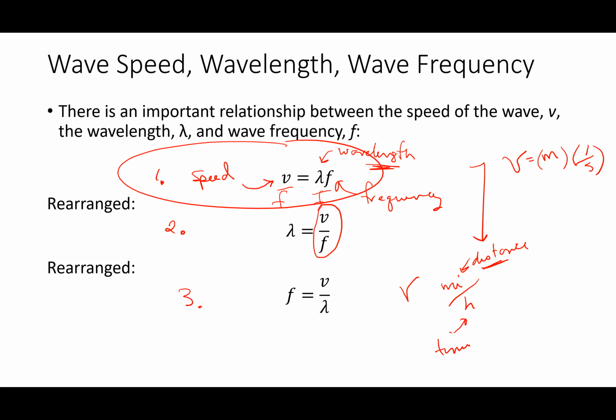So here I have velocity is meters per second. The velocity of a wave. And my point with asking you about the velocity of a car: with velocity we need to make sure we get direction too, but with regard to its speed, it's distance, length, time.